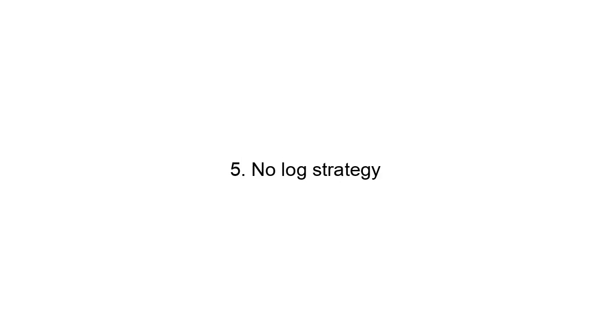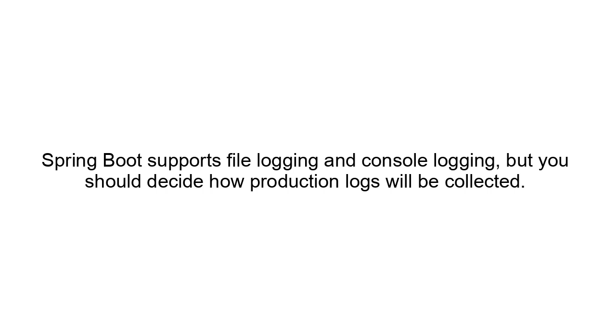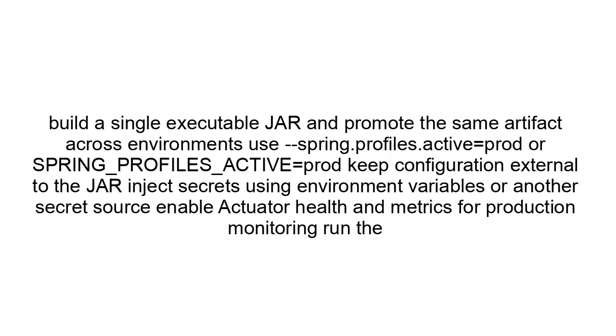5. No log strategy. Spring Boot supports file logging and console logging, but you should decide how production logs will be collected. Best practices include: build a single executable jar and promote the same artifact across environments. Use --spring.profiles.active=prod or SPRING_PROFILES_ACTIVE=prod. Keep configuration external to the jar.